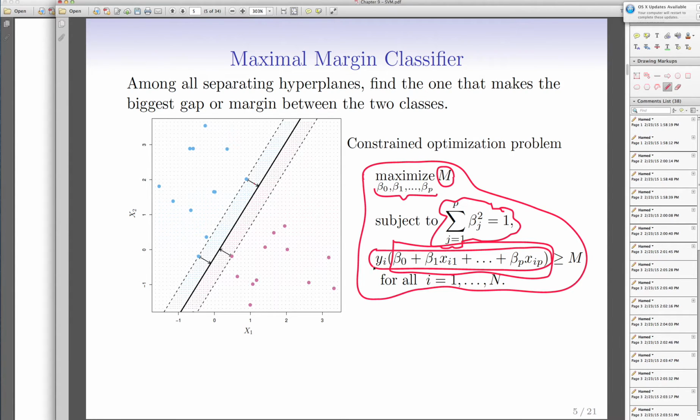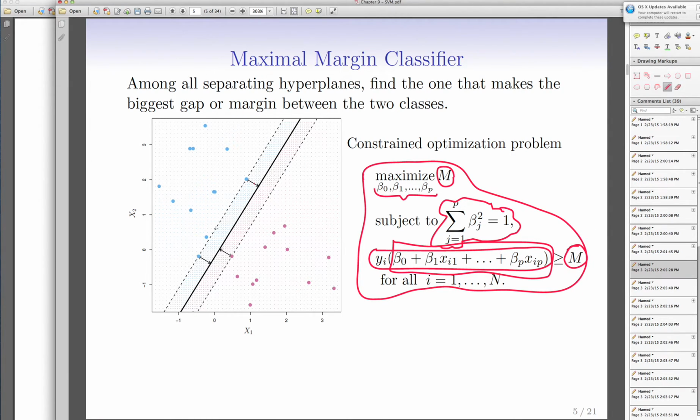When you multiply this, it can be negative or positive. If it's negative, multiplying by its correct classification, which was negative, gives you a positive number. If it's positive, multiplying by 1 is still positive. So basically, y_i times this gives you a positive number, which signifies the distance of your observation and this line. We want that to be greater than or equal to M.